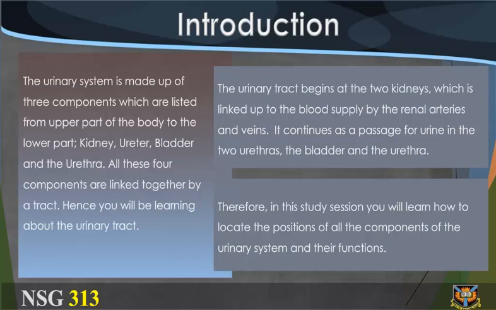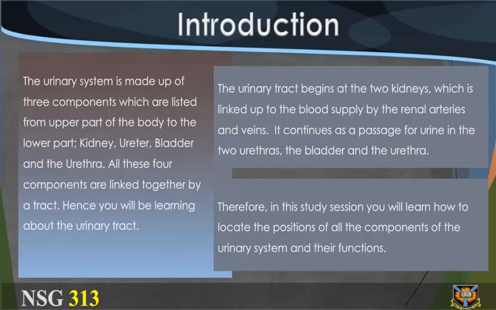The urinary system is made up of four components, which are listed from the upper part of the body to the lower parts: kidney, ureter, bladder, and the urethra. All these components are linked together by a tract.